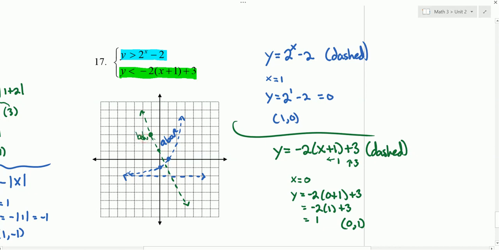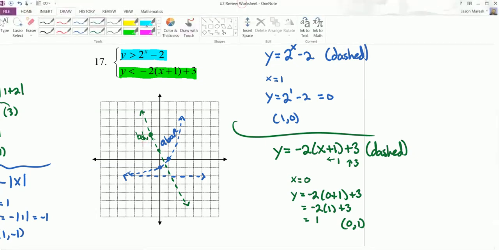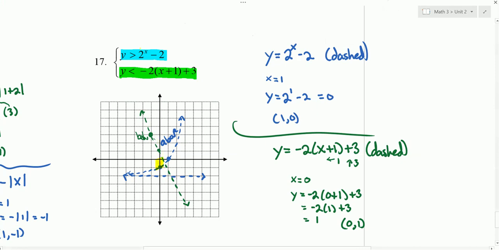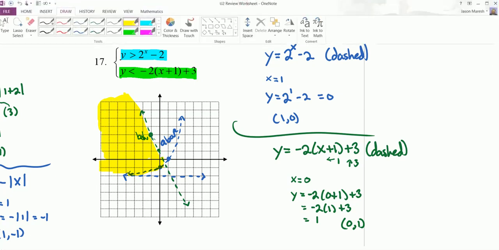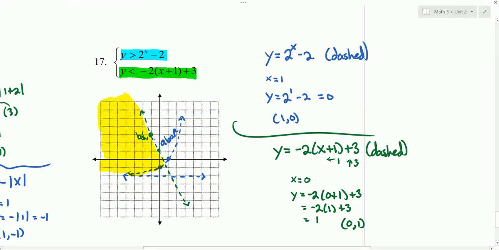Okay, so it's got to be above the blue, below the green. Where does that end up being? So that's above the blue, but below the green, right in here. Okay, and for a solution, we can pick anything in that shaded region, but it's not going to be on any of the graphs because those are dashed.